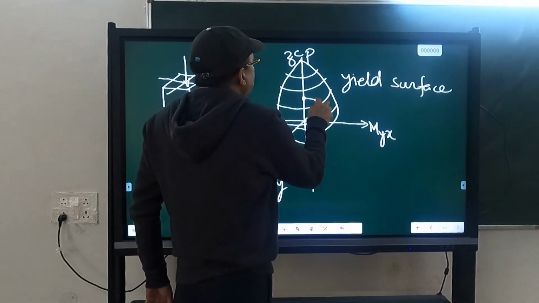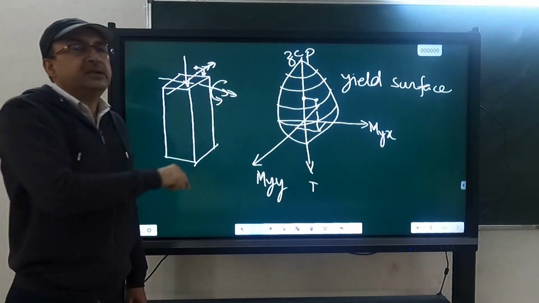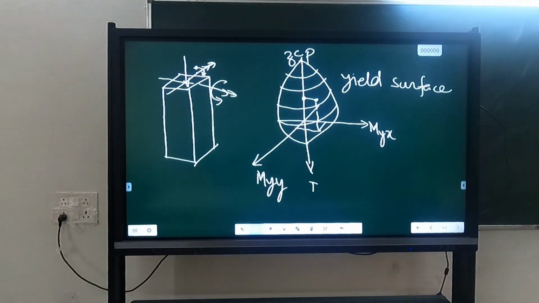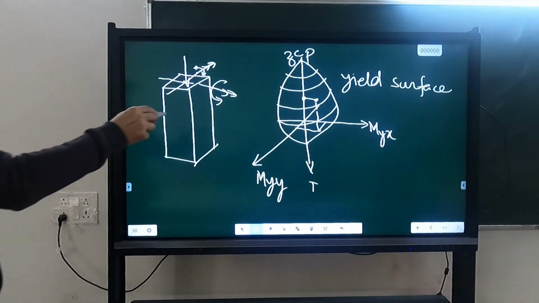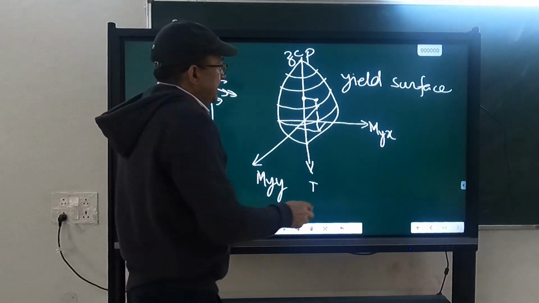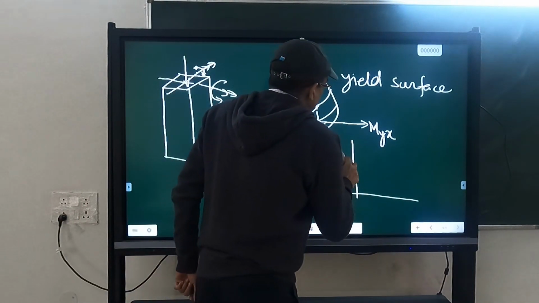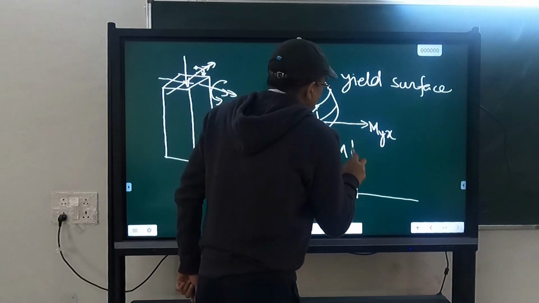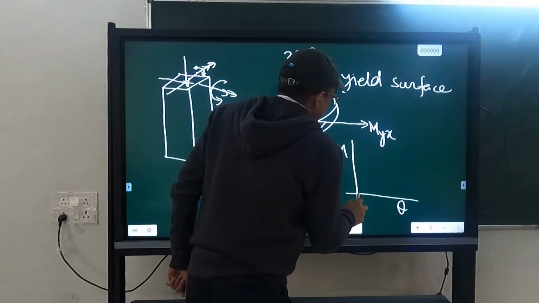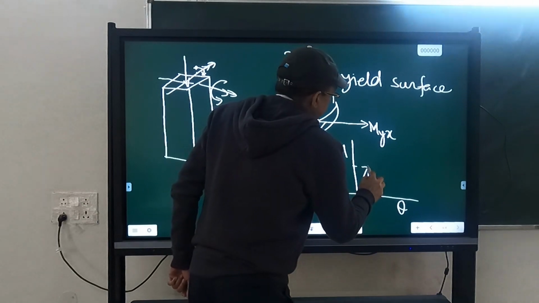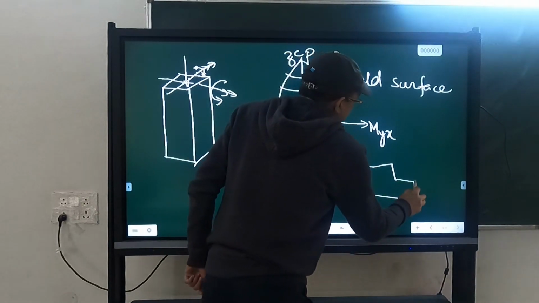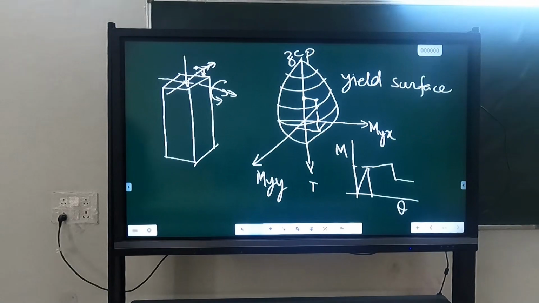Okay, then it will see whether this point is inside the yield surface or on the yield surface. Okay, it can't be outside because yielding will occur, then moment cannot increase. Okay, so it will check that point. And if it is on the yield surface, after that, it will invoke the plastic hinge. So that means this point is reached. After that, this will come to reach. So this we call the yield surface.